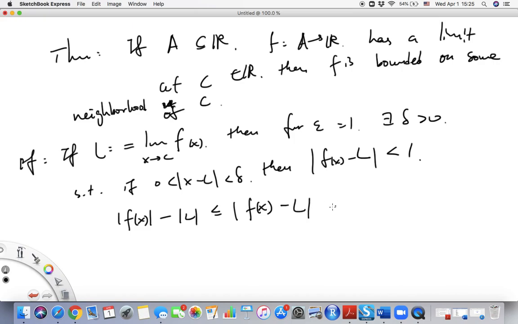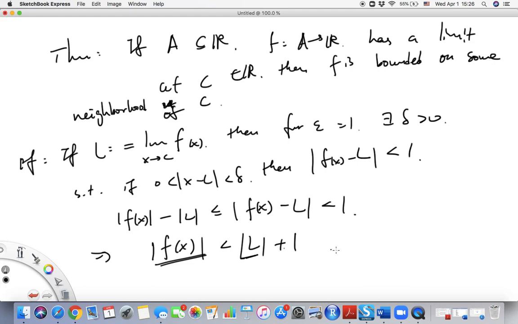So that implies the absolute value of f of x is less than the absolute value of L plus 1. So this is a fixed number, right? So this is bounded, provided that x is close to c. Okay.